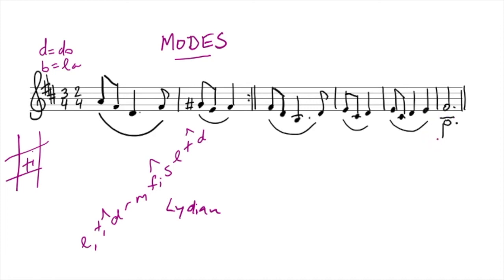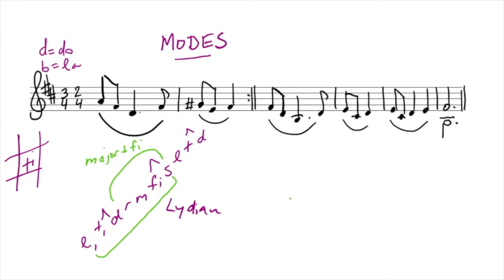So at the beginning, we appeared to have a scale that used these notes, and we seem to be in the territory of a major scale with Fi. But by the end, we've got a scale that seems to use all of those notes. Now we've got a minor scale with Fi, and this is a different mode.